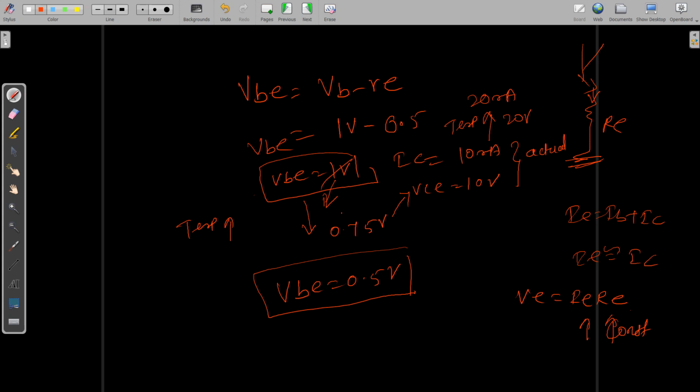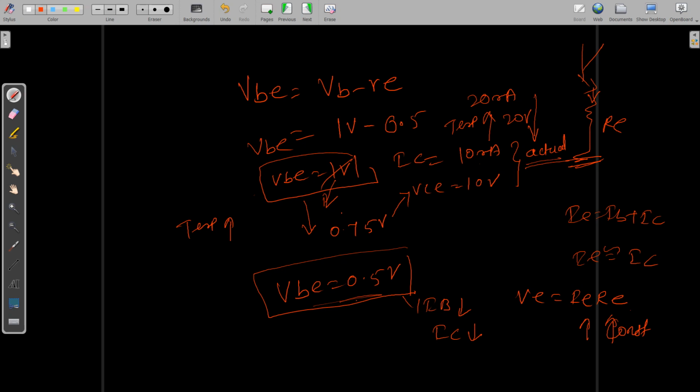Now when you put this V, what happens is your VBE got reduced. When VBE got reduced, I can say your IB got reduced. When IB got reduced, your IC got reduced. Definitely, by some value, less or more, you are going to get a decrease in the output. So definitely you are going to reach the same thing which you have wanted.